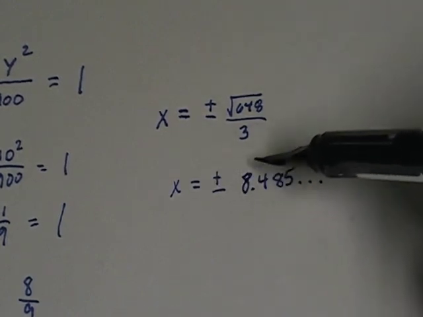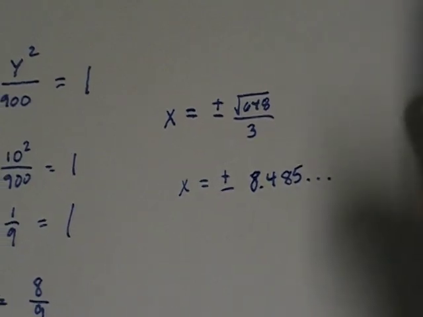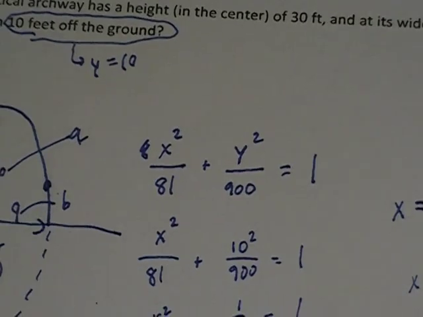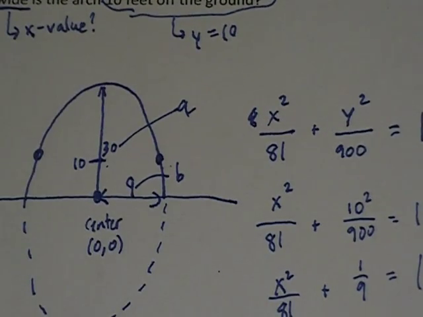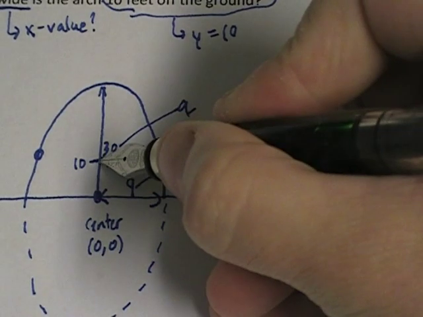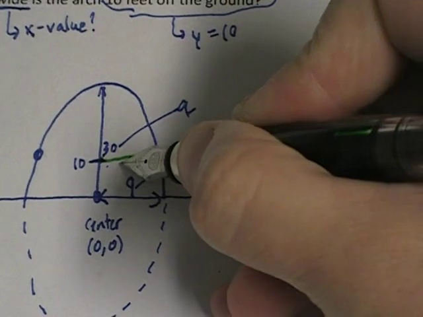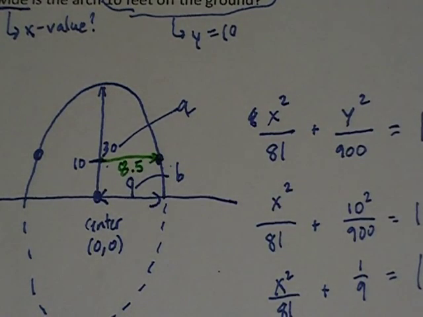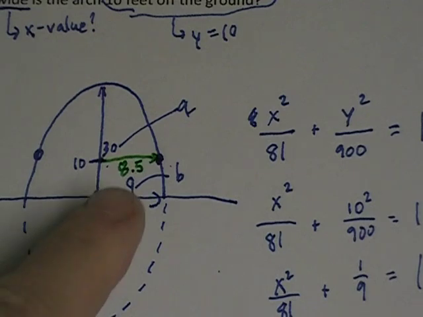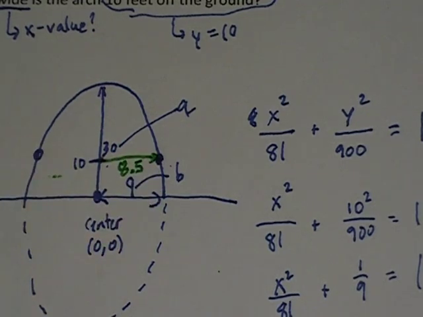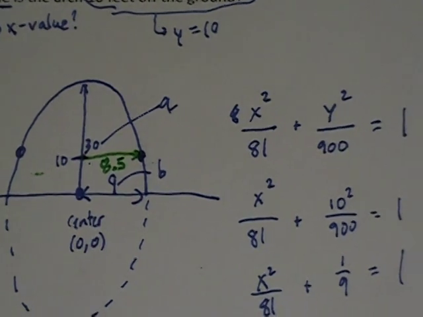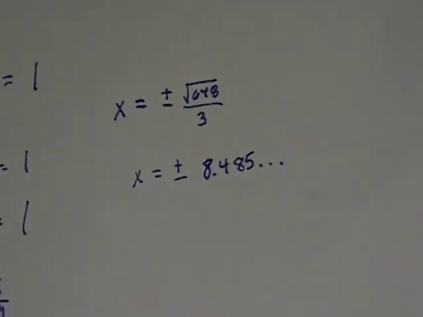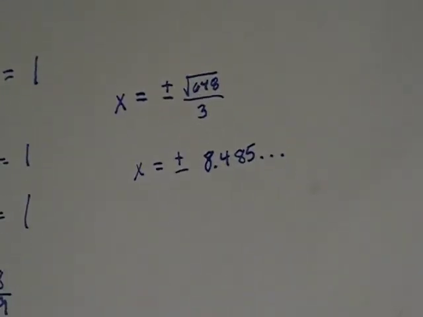Okay, so what are we saying? Again, going back to our picture, okay, we're saying that this distance here, for all intents and purposes, is 8.5 feet. Okay, so if that's 8.5, that's 8.5. We can double that and get basically 17.